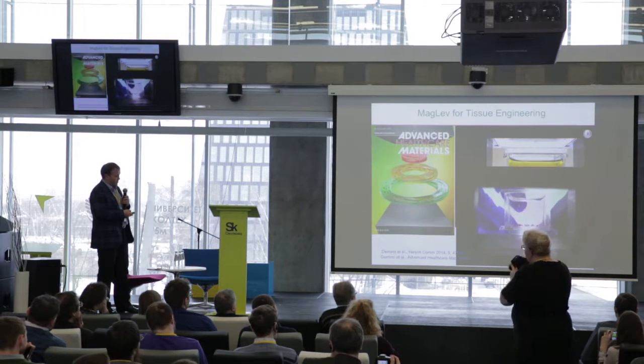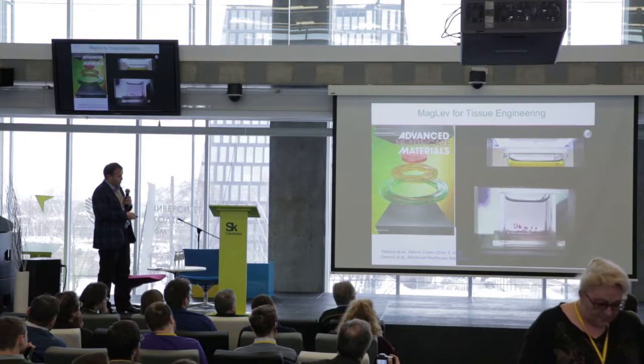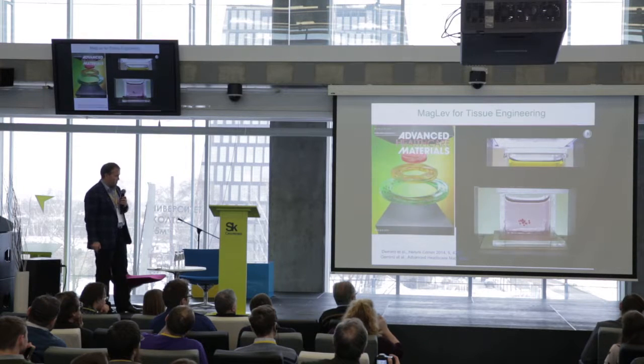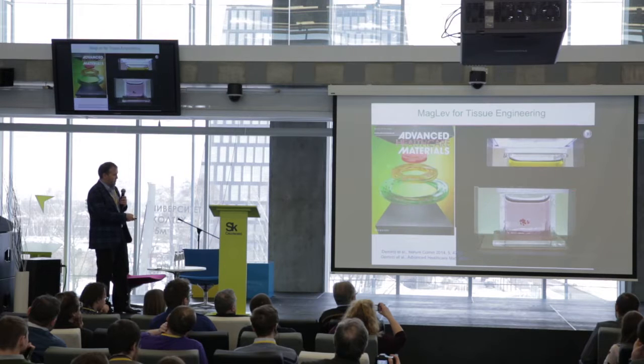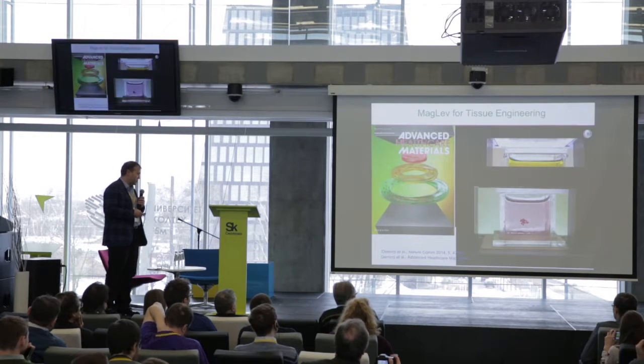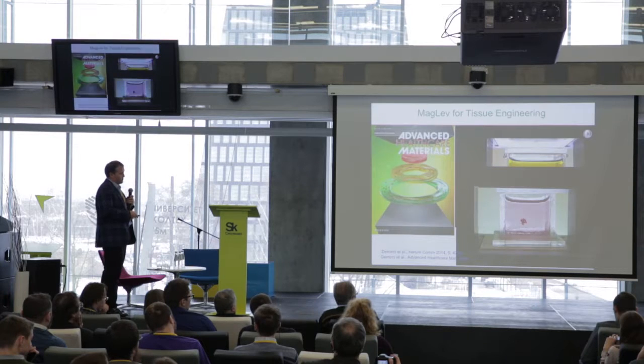You put them at the bottom, in the magnetic levitation area, and they start going up to the hot spot where they all gather together. This is even faster, because we have a very strong magnetic field here. These magnets are much bigger than the little ones I've been showing you. The cells are forced together over time, and then they fuse and become spheroids.